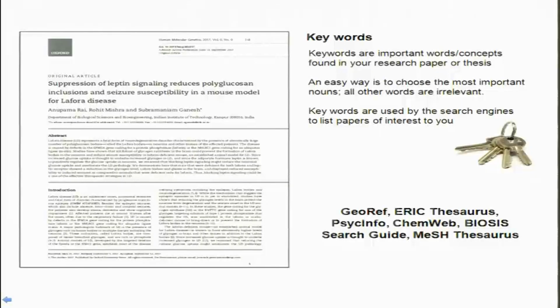Now anyone who uses one or a combination of the keywords, the search engine will give you the hit for this particular site, exactly the same way PubMed, for example, also does. There are a number of different databases that use these keywords. These are GeoRef, ERIC Thesaurus, PsycINFO, ChemWeb, BIOSIS, ResearchGate, MeSH terms, and so on. And these are the keywords you have to generate and give when you submit an article for publication.